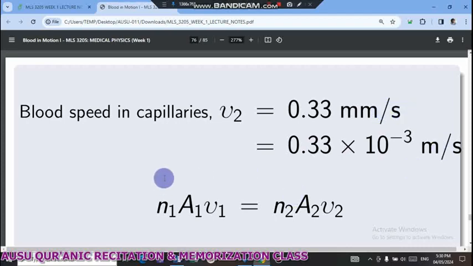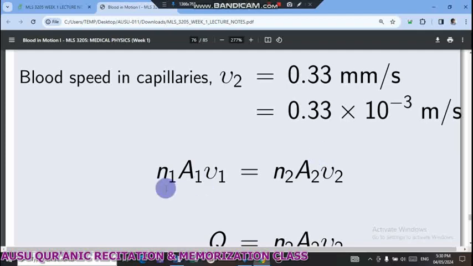So now you can use the general formula. You apply the left hand side to the aorta, because you are told that the blood flows from the aorta to the capillaries. We have only one aorta, so my N1 is equal to 1.